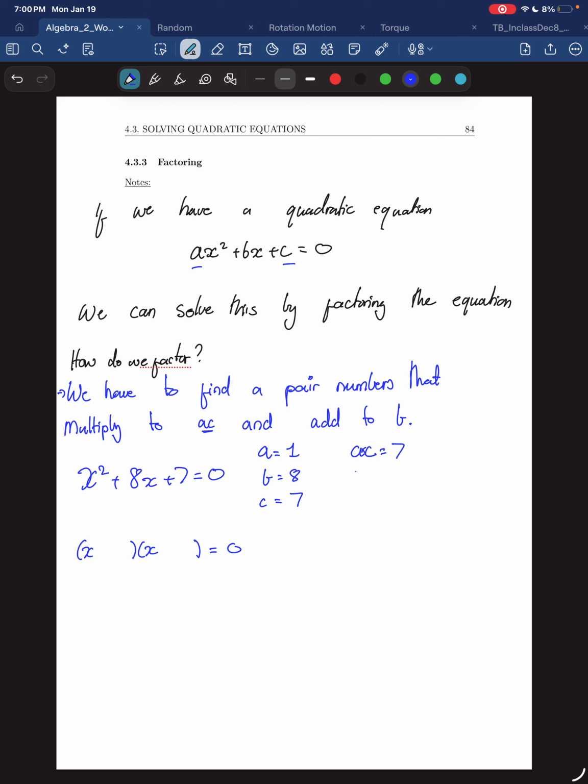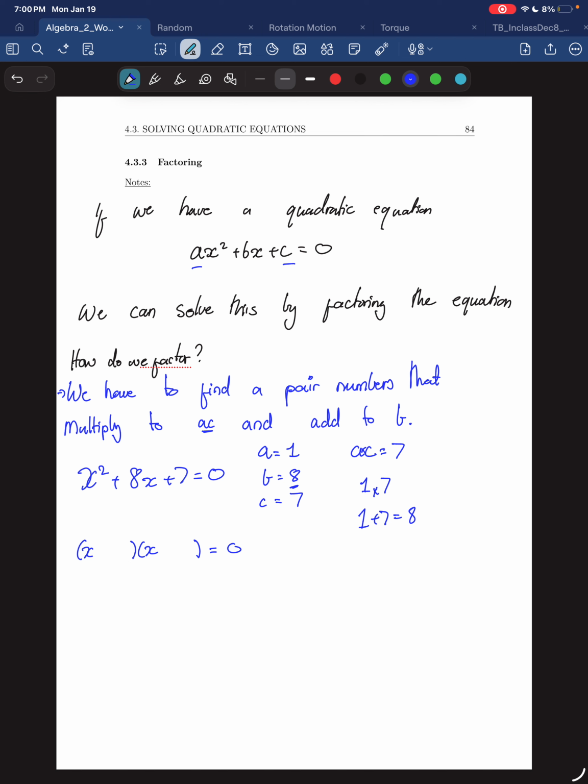So the numbers that multiply to A times C, in this case for today, are really just 1 and 7. 1 and 7 multiply to A times C, and this is easy because 1 plus 7 also adds to B, which is our 8.